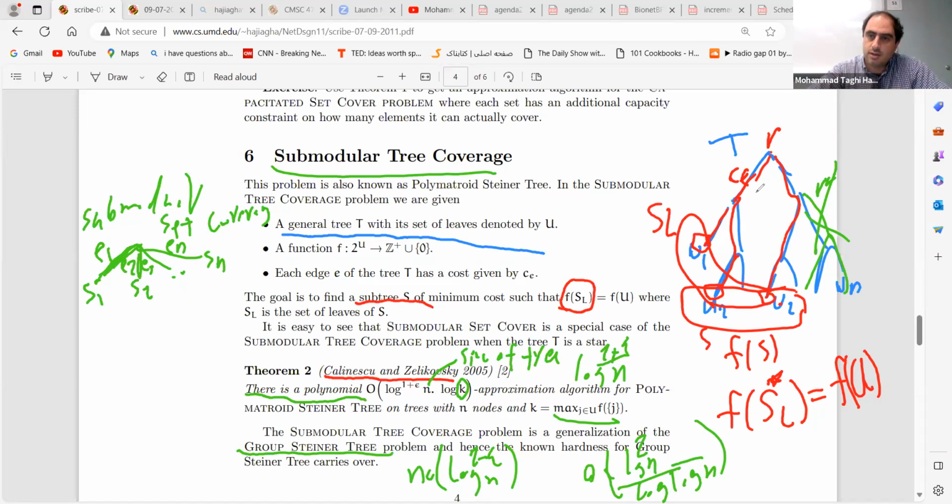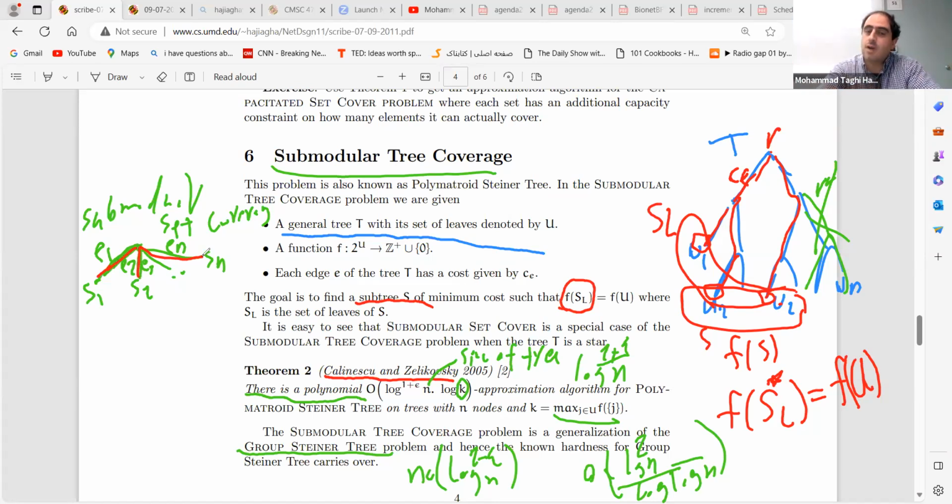So here you want to just select essentially a set of these guys such that, essentially, a substar of this, I want to select as the final solution.